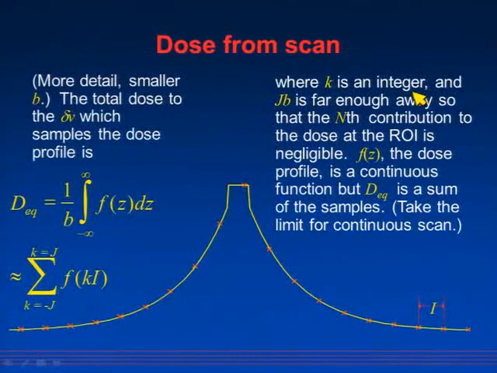So the dose from the scan, this is just equations. We can actually look at it and compare it to an integral. A dose acquired in this way is like a numerical integration of a function. This would be a really expensive integrator. It is the accumulated dose.